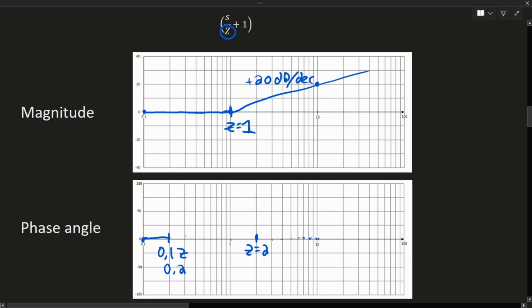It's going to increase at a rate of 45 degrees per decade, up until 10z, which in this case would be 20. This is 2 decades, so by the time it reaches 10z, it's going to have increased to 90 degrees. So you draw a straight line like this. Beyond 10z, it just continues as a straight line.